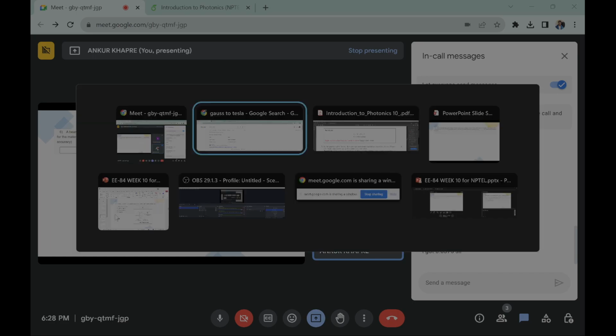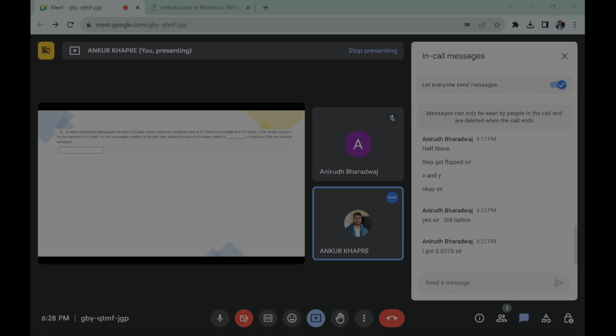Okay, yes, theta is equal to VBL, it's correct.